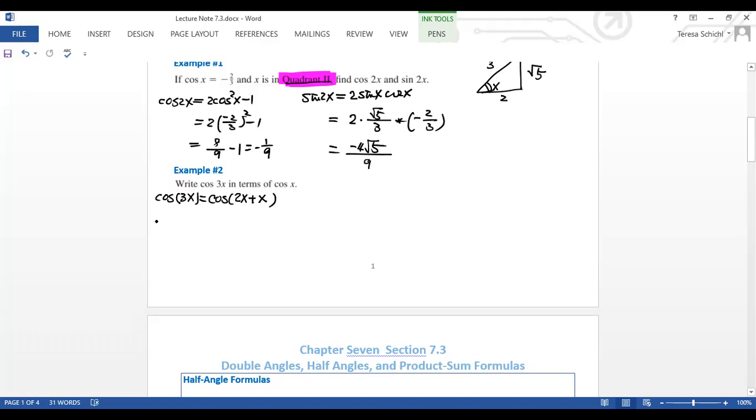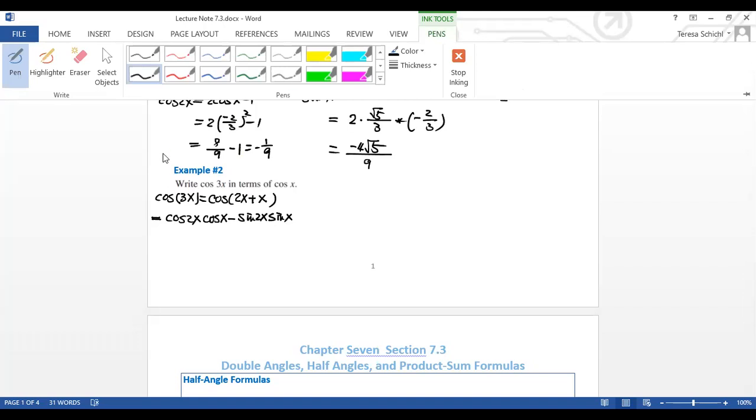The cosine of a sum is cosine cosine minus sine sine. So we have cosine 2x cosine x minus sine 2x sine x, by the sum formula, because it wants us to change everything only to cosines.